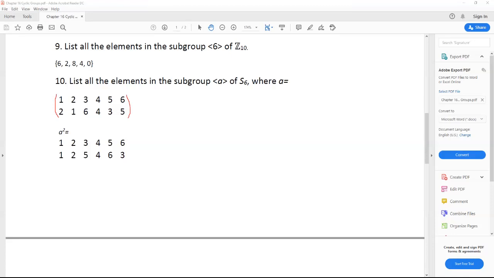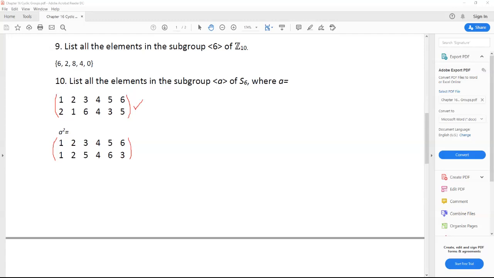So all I did was I continued to apply this permutation on itself n times. For example, in order to figure out a to the power of 2, I had to multiply this permutation by itself.